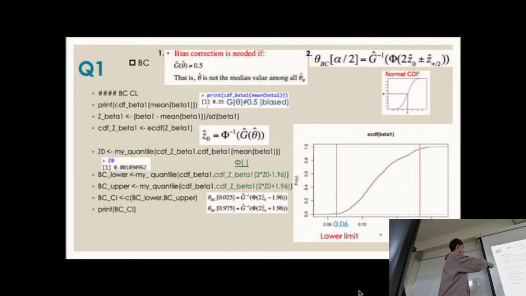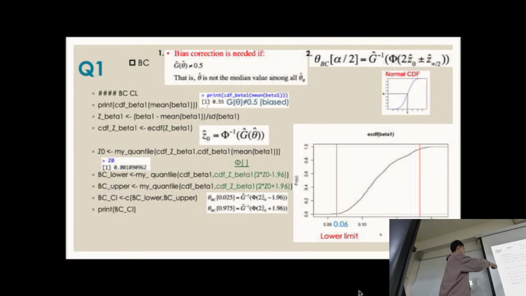So I can calculate my Z0 by also this function, and this is my data of the phi, this is the function, and this value means the G theta hat.